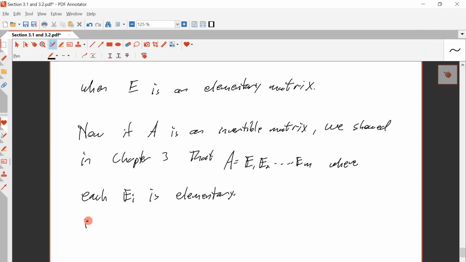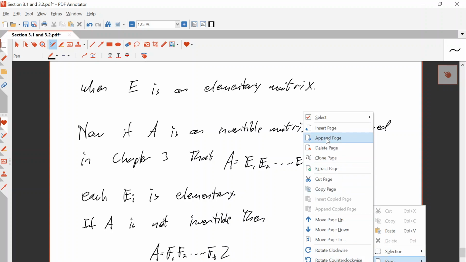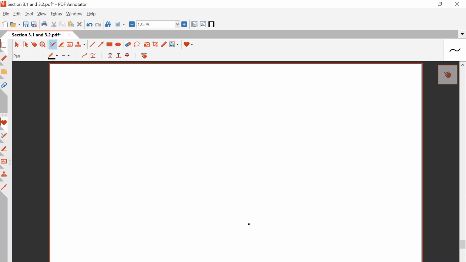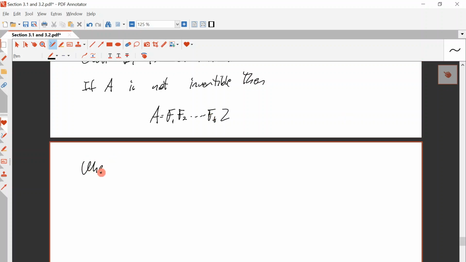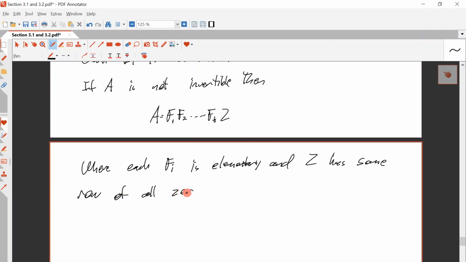If A is not invertible, then A is equal to F1, F2, ..., FT, Z, where each F is elementary and Z has some row of all zeros.